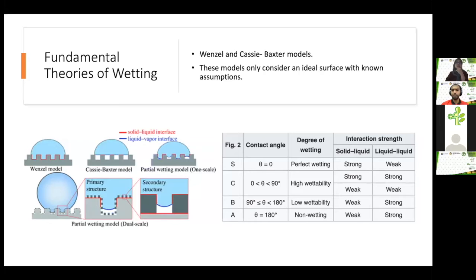When you look at these theories of wetting, for a rough, non-ideal surface we usually use the Wenzel or Cassie-Baxter model. But looking at the contact angle, if theta is 0, then you get perfect wetting, meaning it's totally adhesive. Your solid and liquid interaction is very strong, your liquid and liquid is weak.